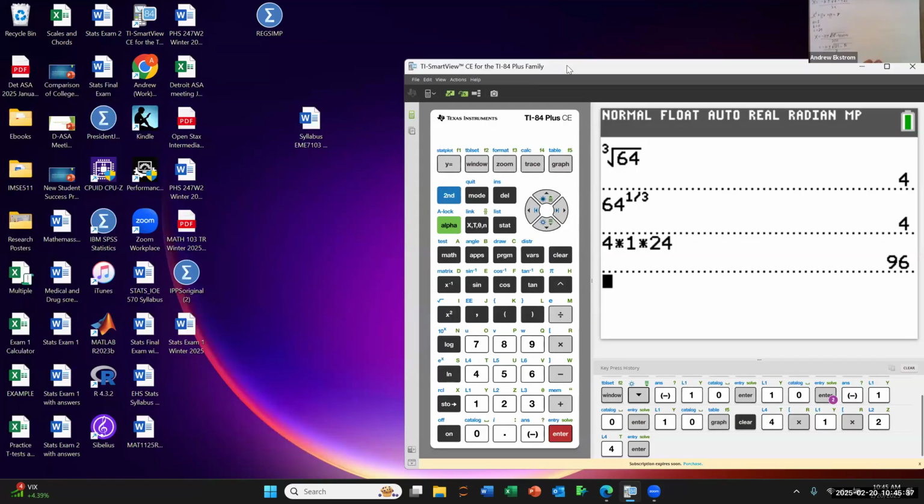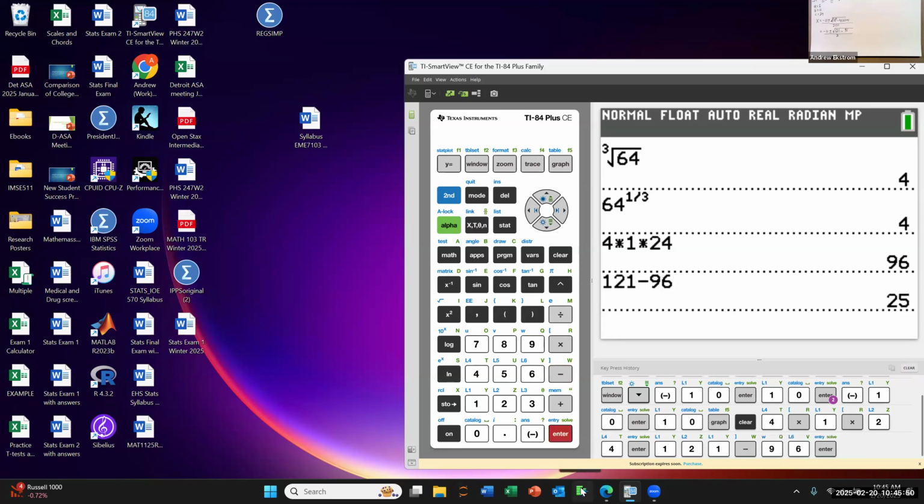Now the next thing, under the square root, do 121 minus 96. So negative 11 plus and minus the square root of 25.